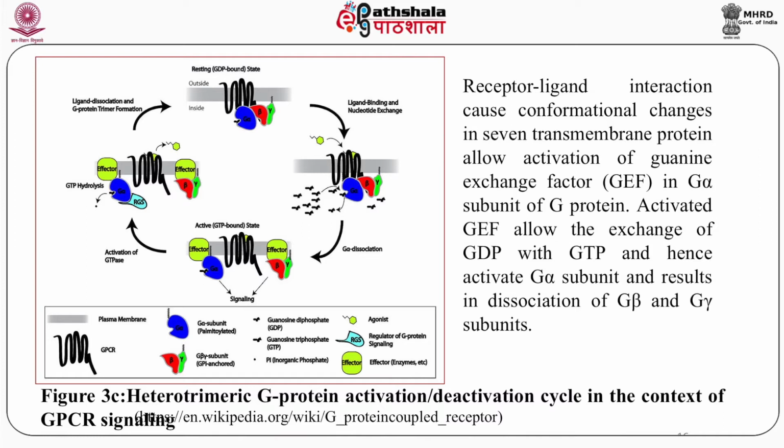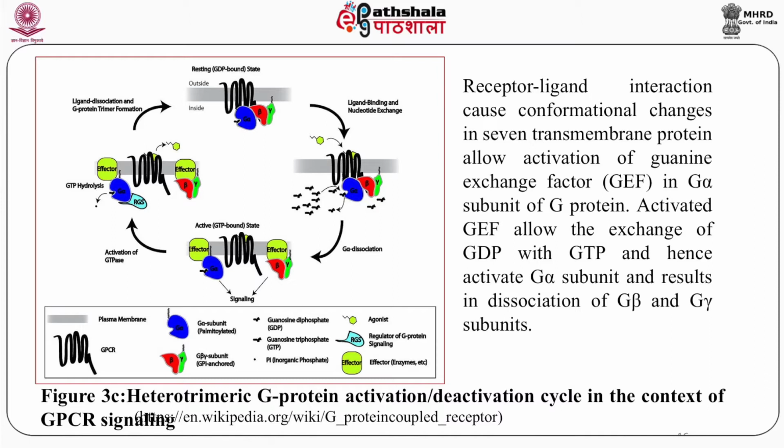Heterotrimeric G protein consists of G alpha, beta, and gamma subunits until the GPCR interacts with ligand molecules, for example epinephrine. Once the ligand interacts with the GPCR, it leads to conformation changes in the heterotrimeric structure of the G protein.